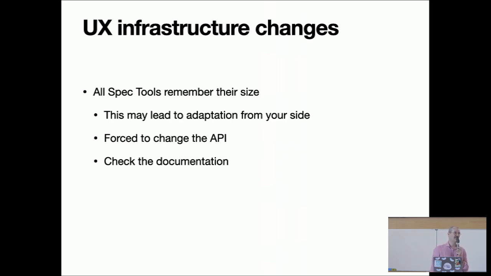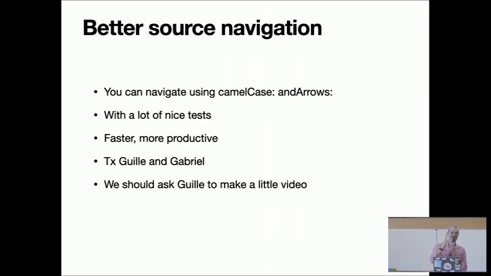You should ask a demo to Guichet, because he was mainly doing that with Gabriel and also some other people of the team. We have a lot of nice tests for that, because when we started, there was not a single test on how to move the caret and what it means. So when you were changing something, it was breaking in another place. So maybe we will do a little video just to show that.